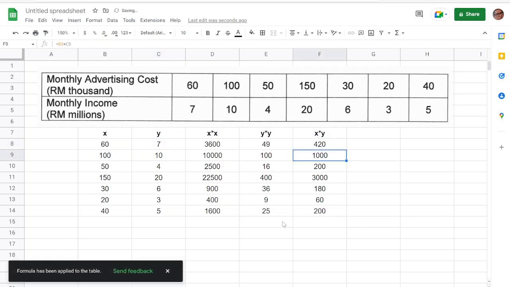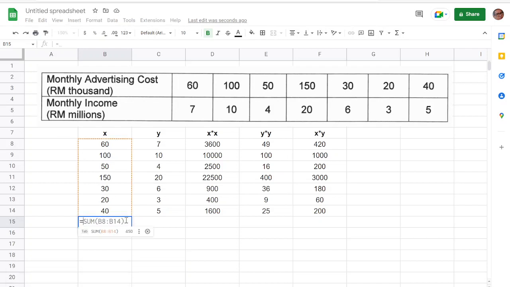So this is the value that you have. And then here you want the summation to get the summation of everything. So equals. Alright, so bolehlah. Okay, 450. So this is the summation.